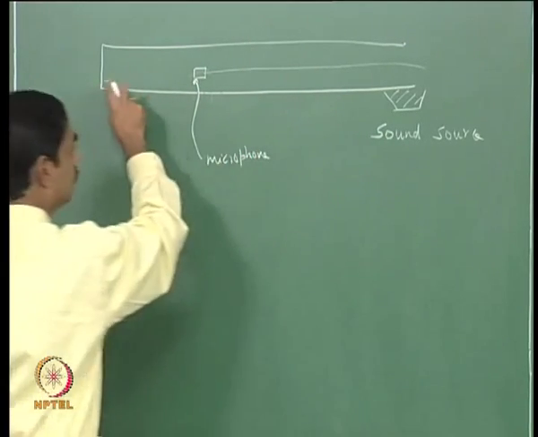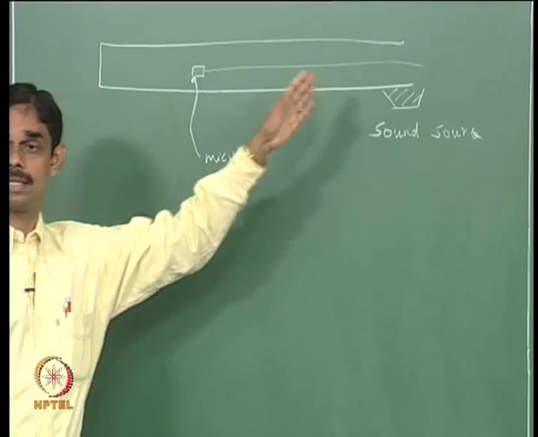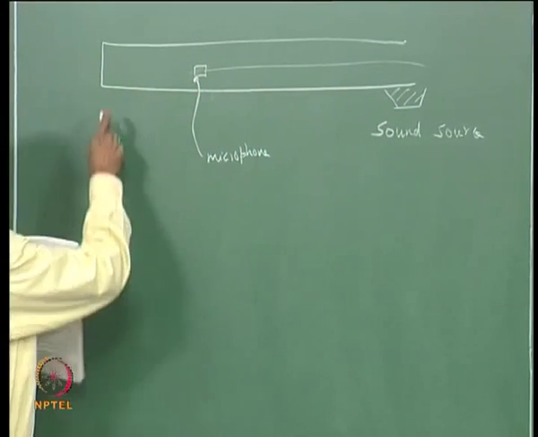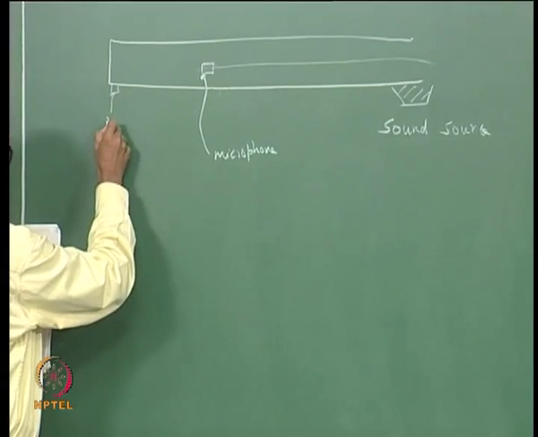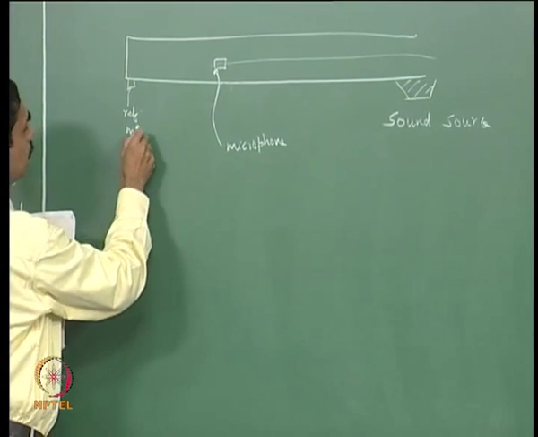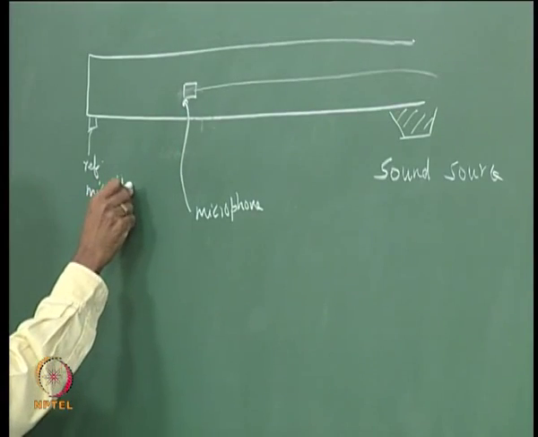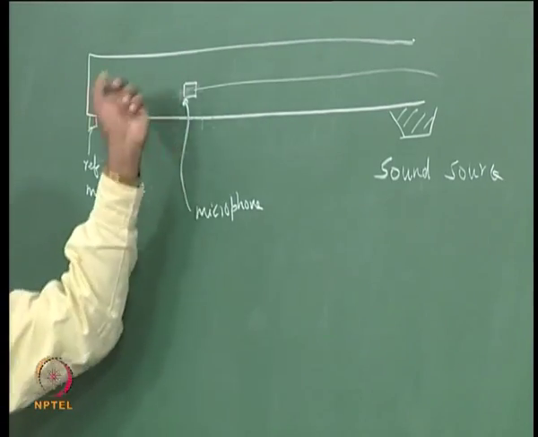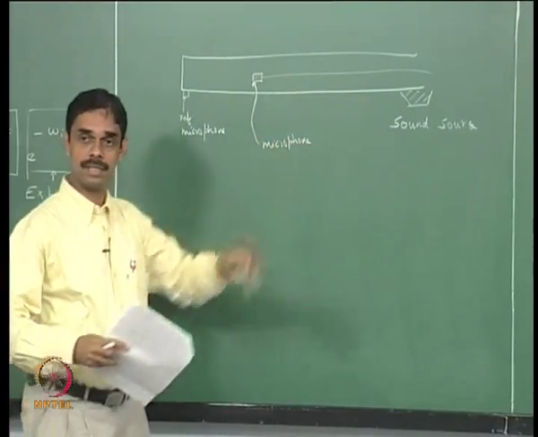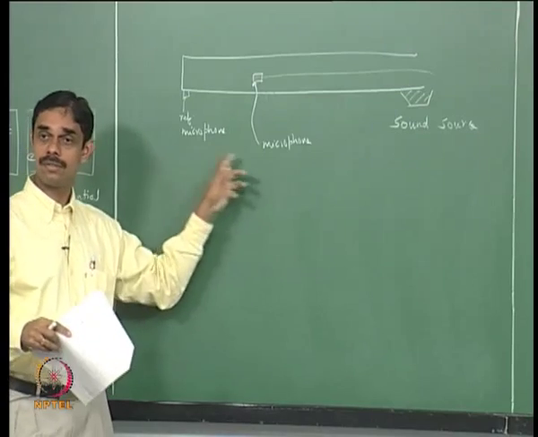This is just symbolic of doing a traverse in the entire setup, and as I mentioned you should have a reference microphone here. You can either traverse with one microphone or put 20 microphones and get the acoustic field, and you always need a reference to determine the phase.